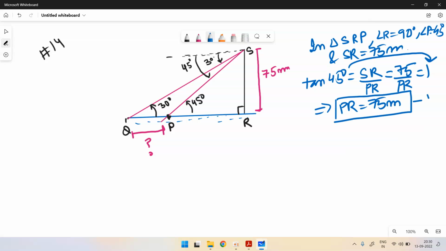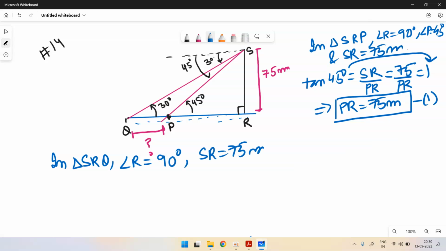Let's suppose this is my 1. Now in triangle SRQ, angle R is given to be 90 degree, SR is 75 meters, and angle Q is 30 degree. Now applying tan of 30 degree.